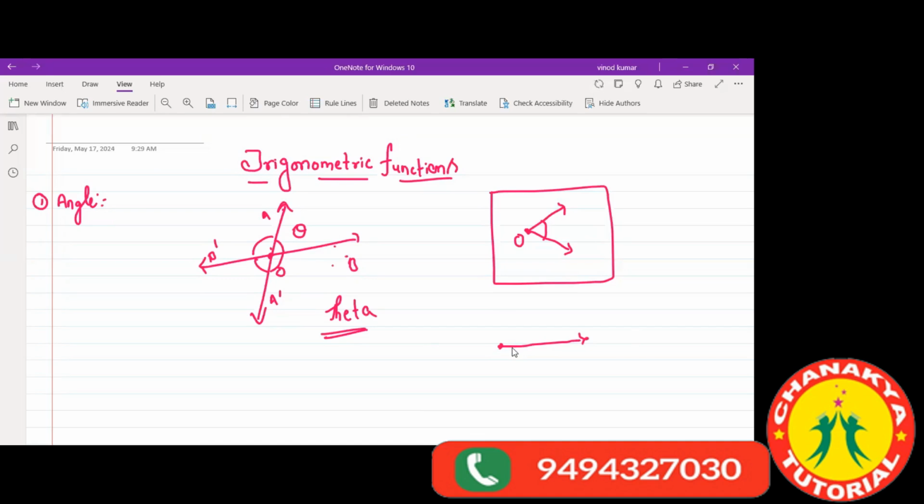If the rotation in an angle theta is anti-clockwise, then the angle theta is regarded as positive, and if the rotation is clockwise, then the angle is regarded as negative. Suppose this ray rotates anti-clockwise, that angle is a positive angle. Suppose it rotates in the clockwise direction, then the angle is negative.